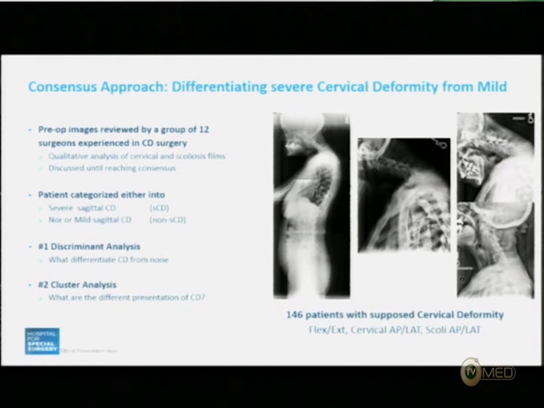We showed them the X-ray of cervical deformity, the cervical spine, the full spine, the dynamic spine, and asked, do you think this is a severe cervical deformity, yes or no? Without looking at any number, if I give you a very bad X-ray, you will tell me, oh yeah, that's very bad. And so we grouped the patients as very bad cervical deformity versus kind of okay.